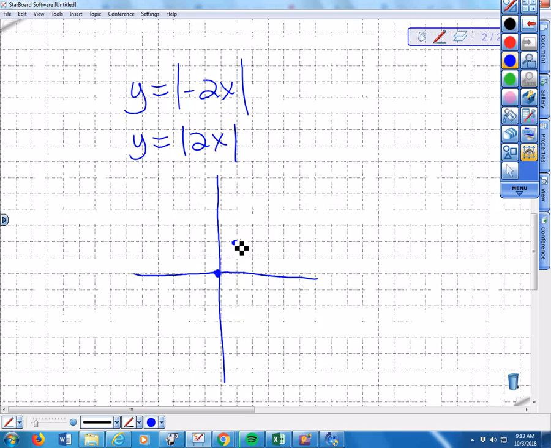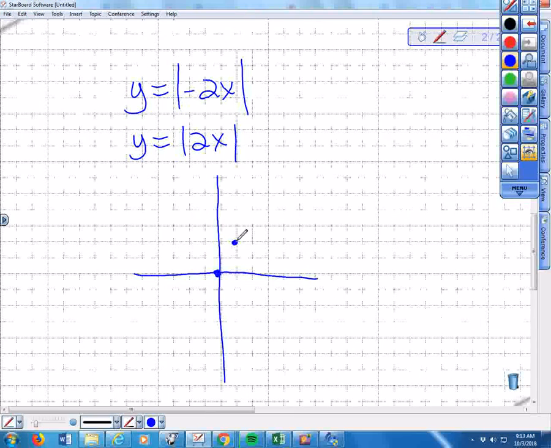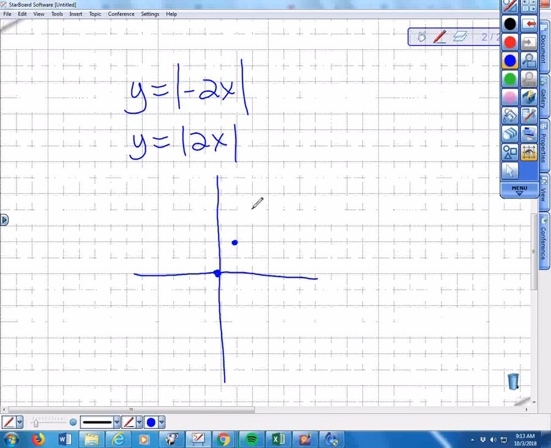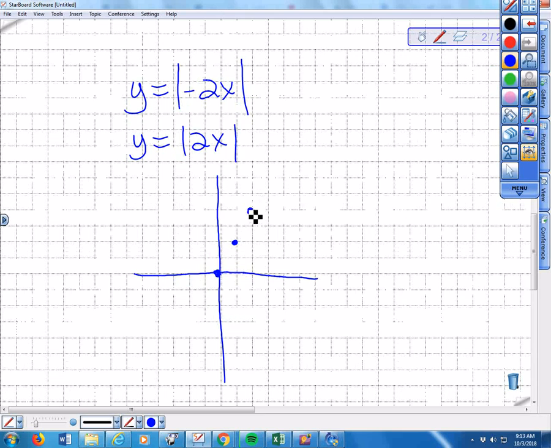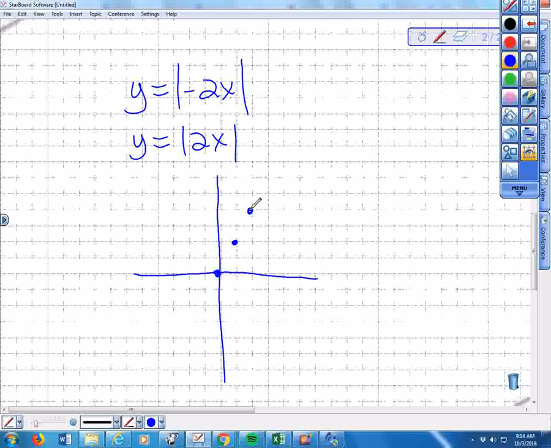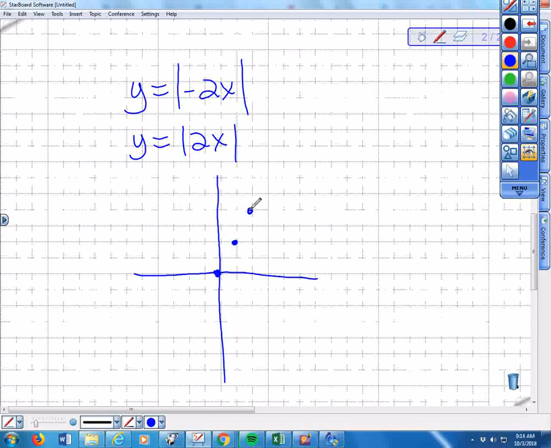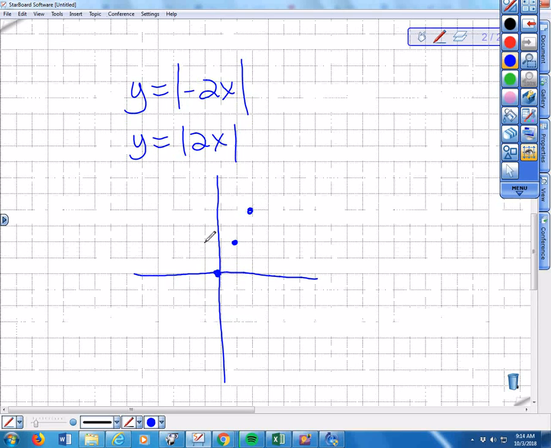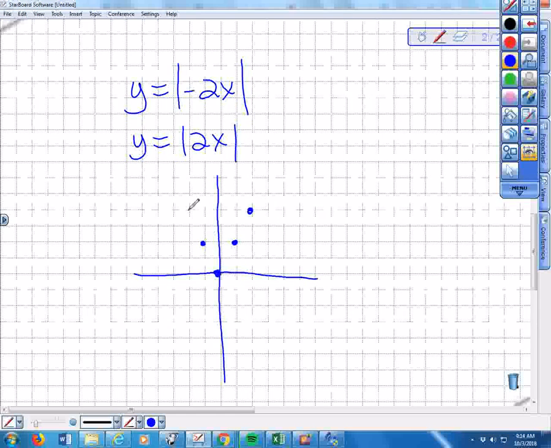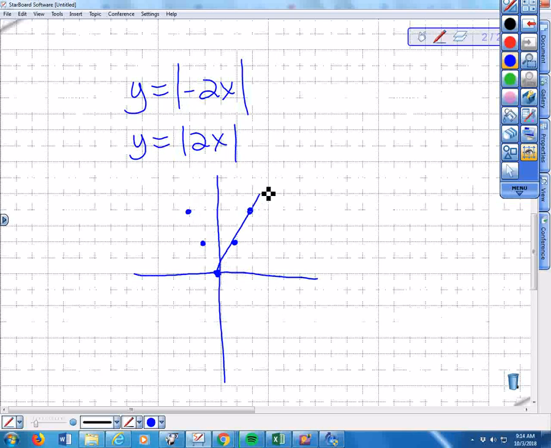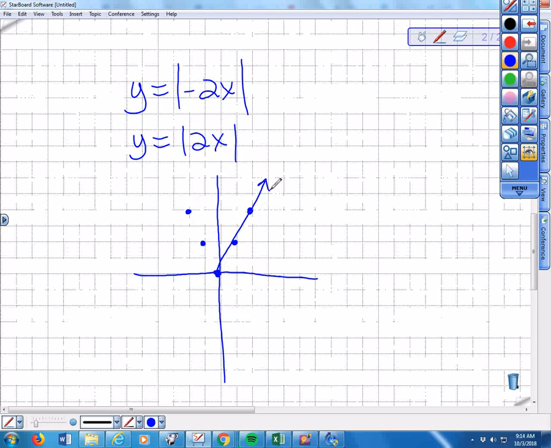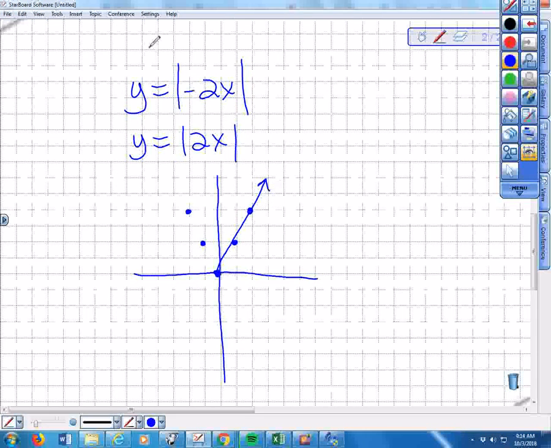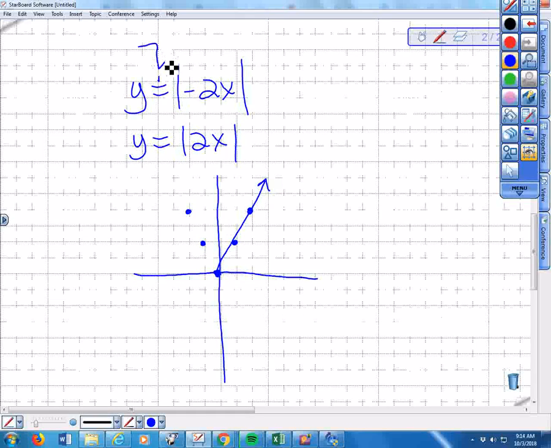If x is 2, what's y? 4. X is negative 1, what's y? Positive 2. And negative 2 is a positive 4. There's my V.